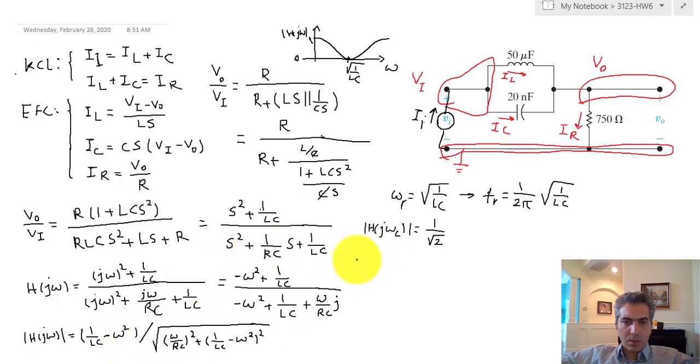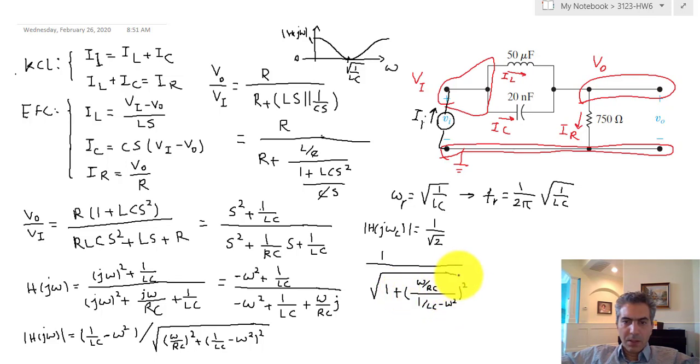So this side of the equation is equal to 1 divided by the square root of 1, because you take this and divide it by the denominator, you get 1 plus (ω/RC over 1/LC minus ω²), the whole thing to the power of 2.